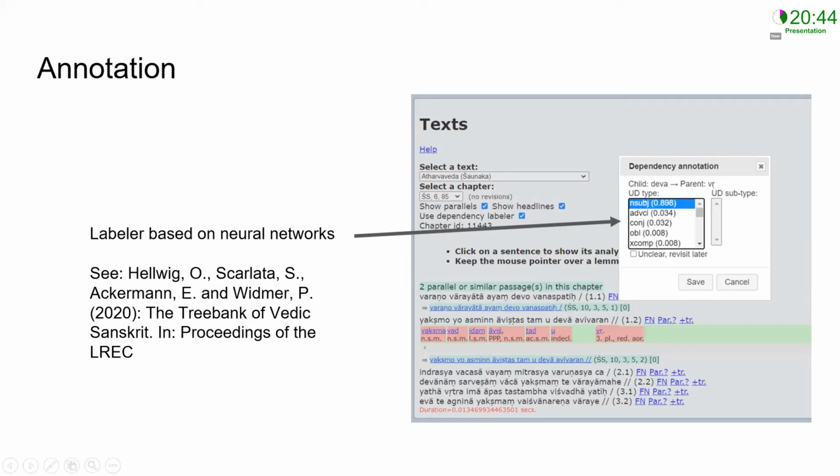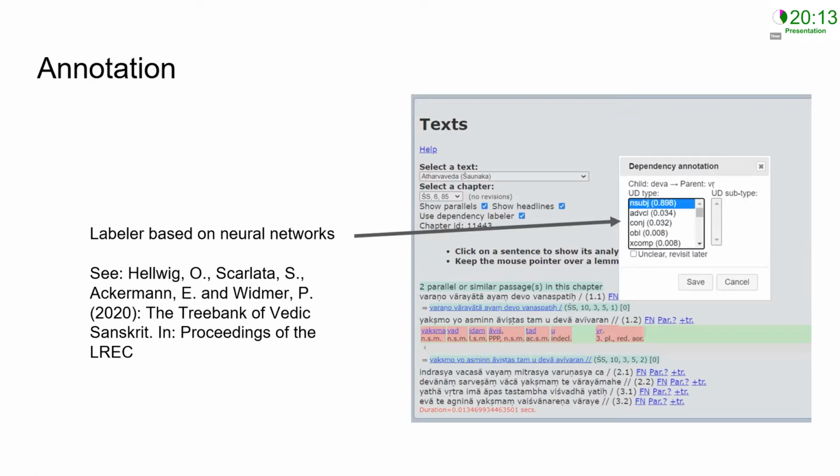You have a list of universal dependency labels. And please note that these labels are sorted by some number here in the brackets, and the highest number is at top, and then the numbers go down again. And this ordering is the output of a machine learning algorithm. So basically, we reorder the list of all possible universal dependency tags using a kind of very simple neural network.